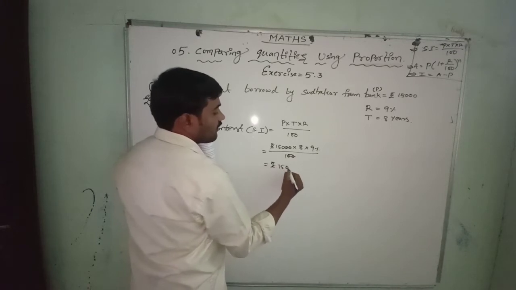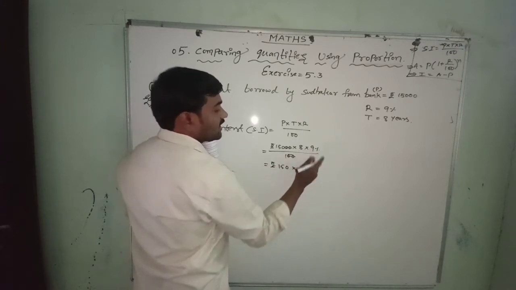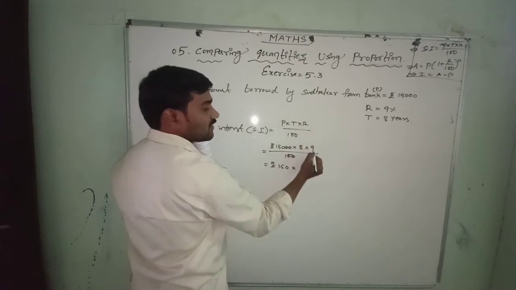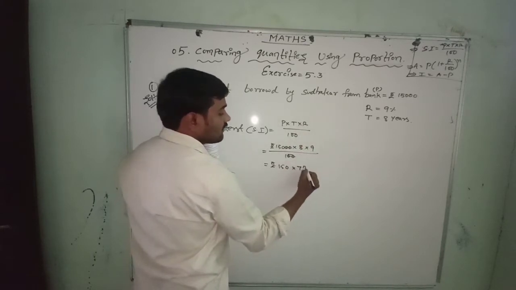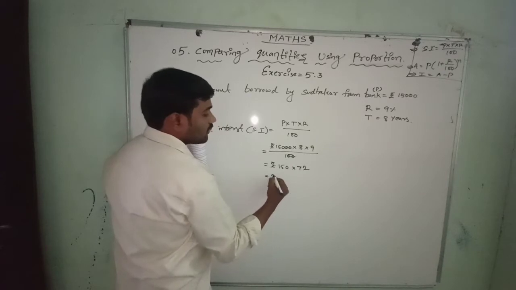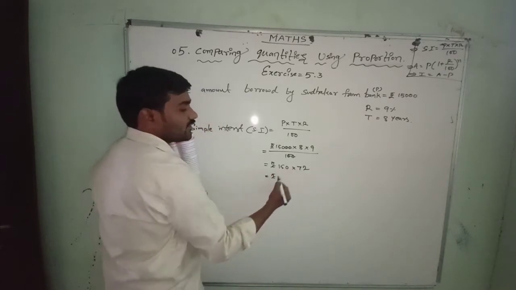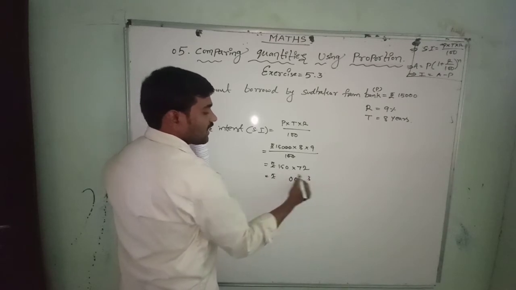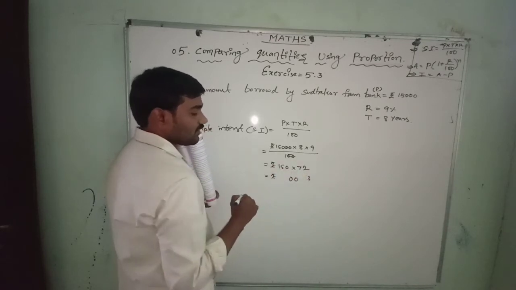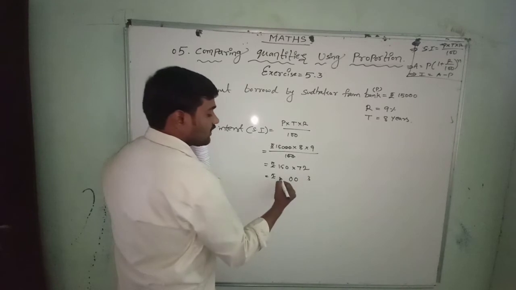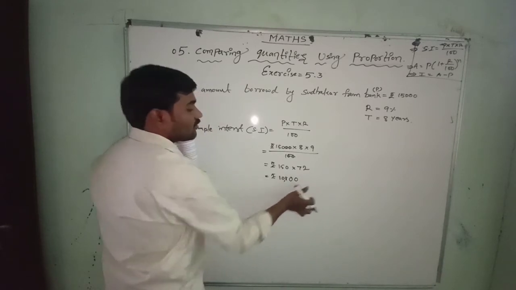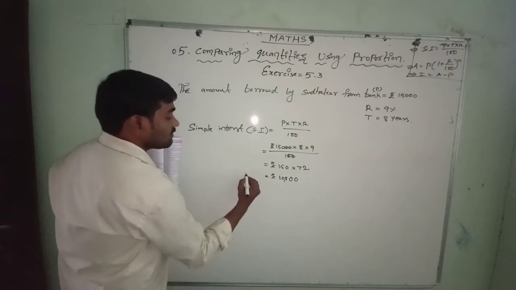Rupees 150 into 8 nines are 72. For rate of interest we write only the number. So rupees 150 into 72. Write this 0 here. 15 twos are 30, 3 carry 15. 7s are 105, plus 3 makes 108. That is 10,800 rupees, which is the simple interest.